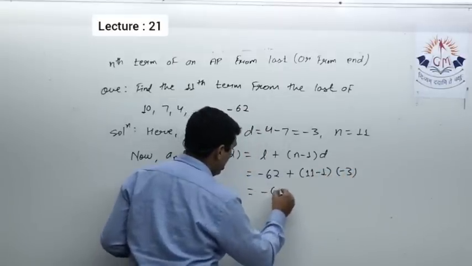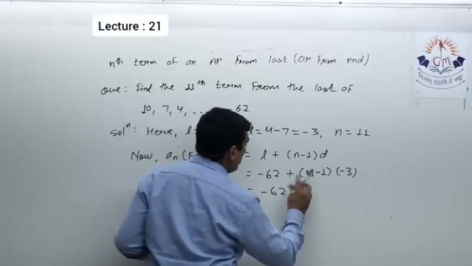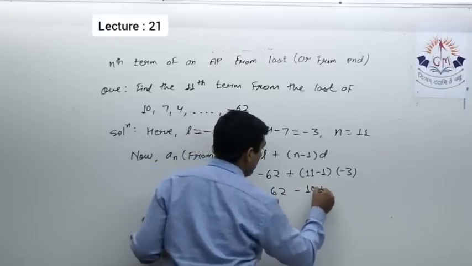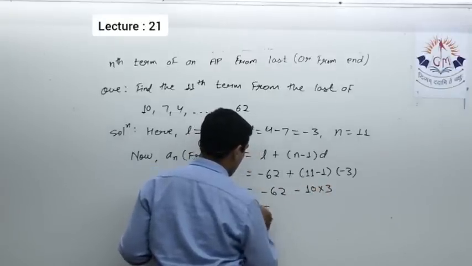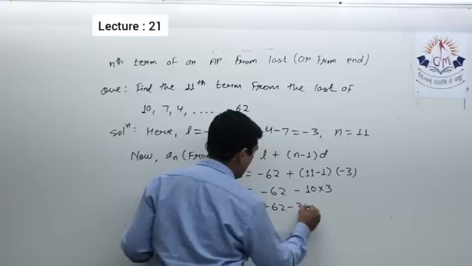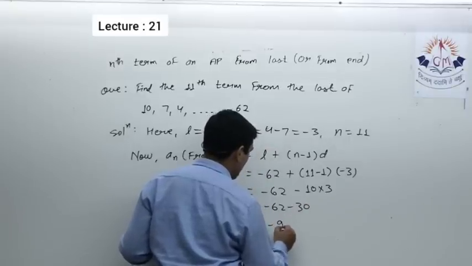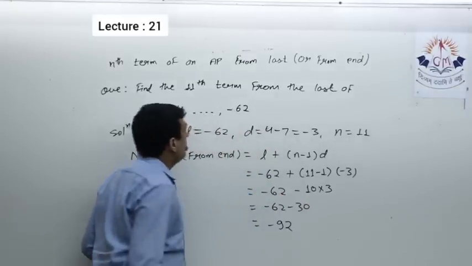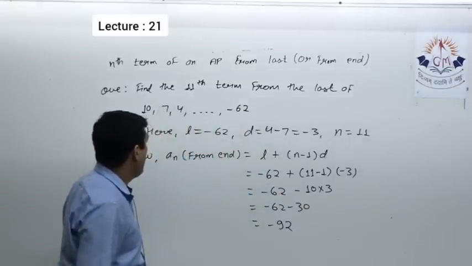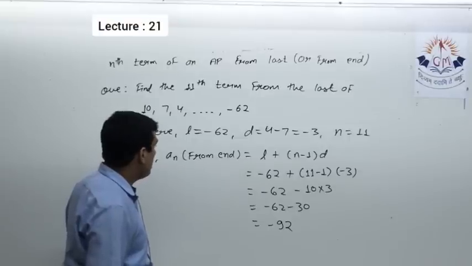So this is minus 62, then minus 10 into 3, so minus 62 minus 30. So the final answer is minus 92. The 11th term from the last is minus 92.